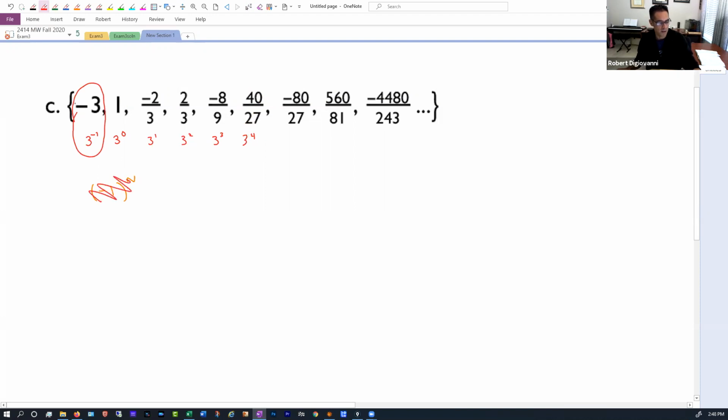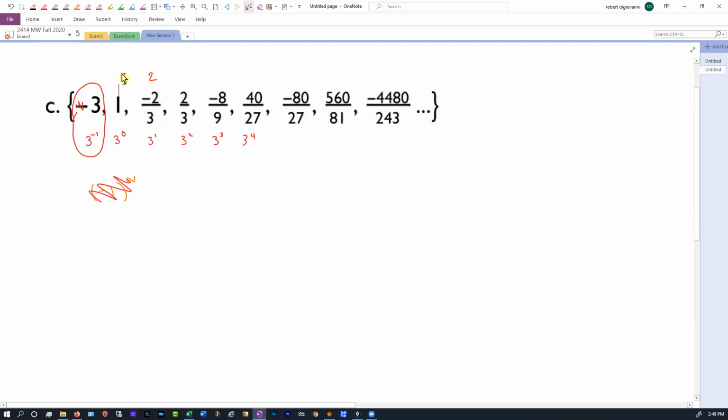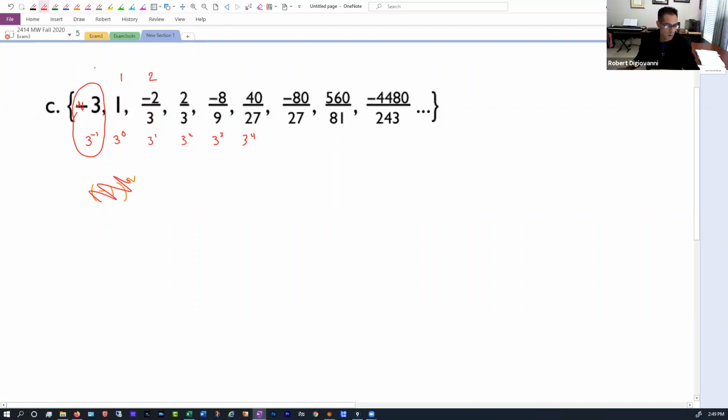Let's forget the alternating. Here, 3 to the -1 is 3. This one, 3 to the 0 is 1, or 1 over that. Then this one means I would need a 2 on top, because 2 over 3. Here I need a 1 on top. So 1 over this would be 1, 1 over this would be 3.